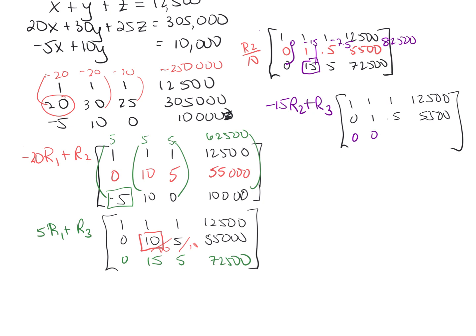Negative 7.5 and 5 is, oh, I'm checking my work and I'm getting it wrong. 7.5 minus 5 should be negative 2.5. Negative 2.5, and then negative 82,500 plus 72,500 is negative 10,000.